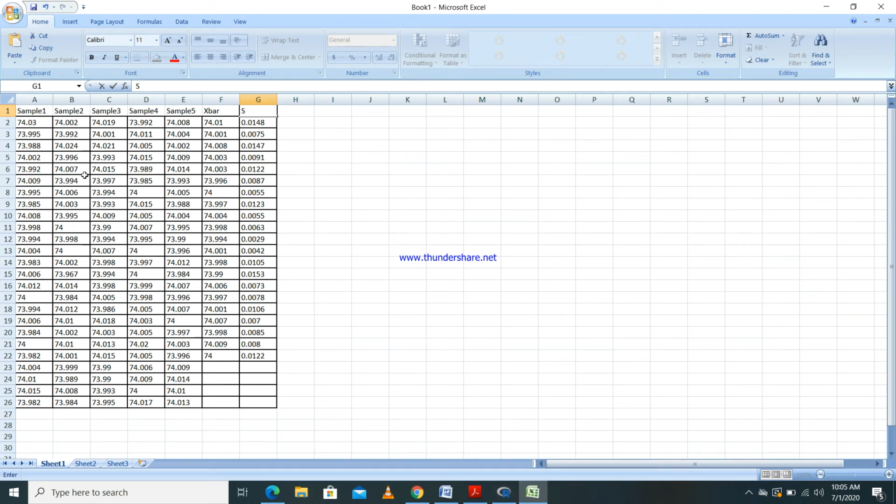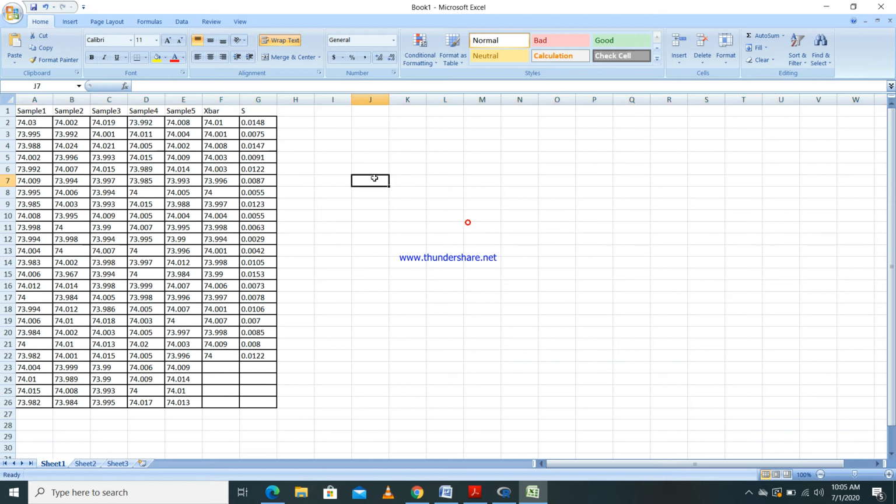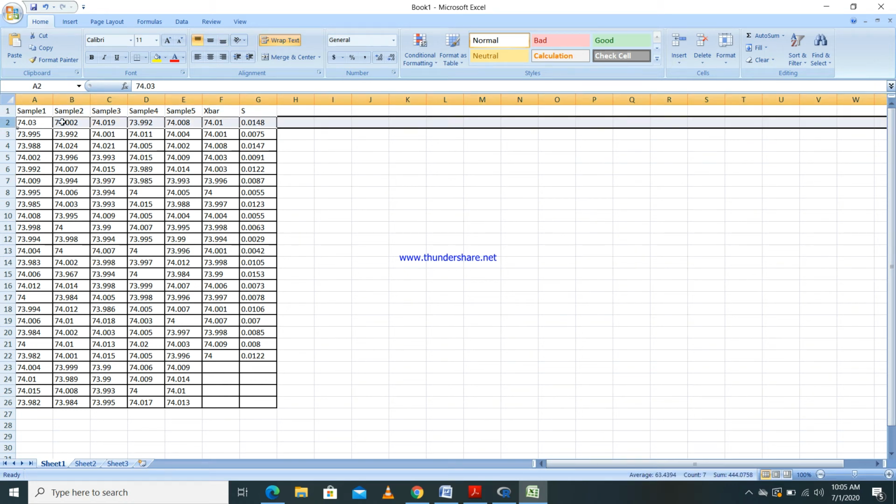You can see you have 25 observations, and in one group you have 5 observations. That is, actually this is sample 1, there you have 5 observations, right? This is like if you take day 1, you take 5 pistons to measure the diameter, right?